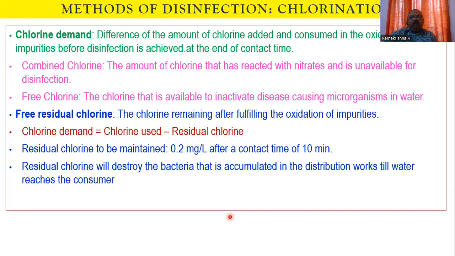So some chlorination must be given to destroy even the minutest amount of microorganisms added in the distribution system. The residual chlorine we maintain helps in destroying these extra microorganisms in the distribution system. That's the reason why we maintain the residual chlorine.